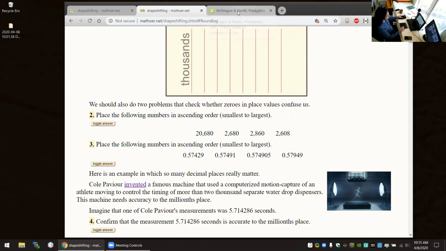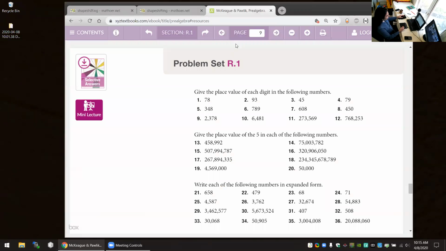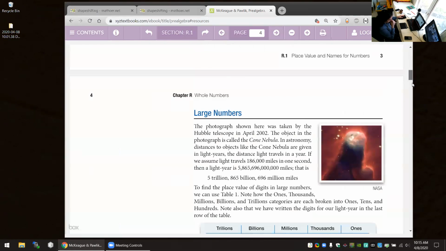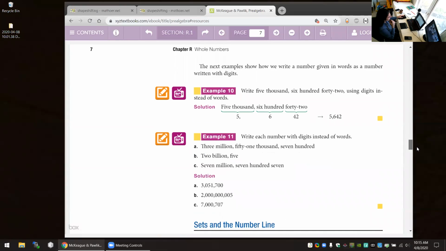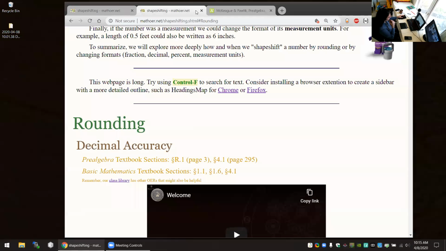Actually, let me see if I have one in the book, because you've seen that one already. Page 3. Oh, actually, decimals would be the different page.